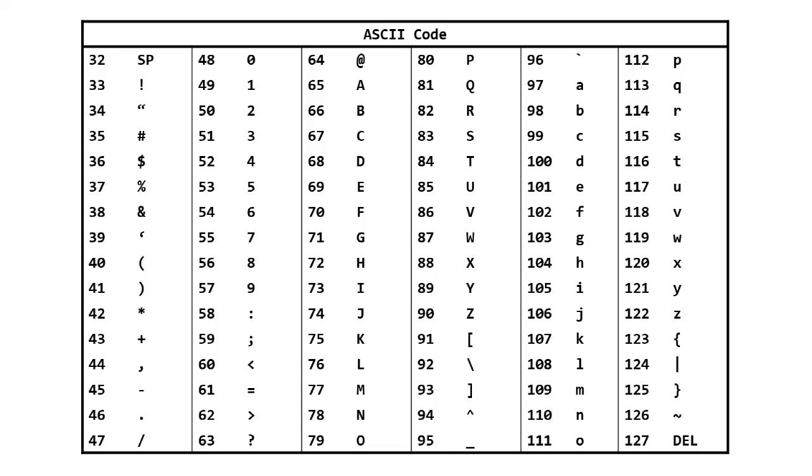The ones we're really interested in start with ASCII code number 65, which is an uppercase A, and then the letters of the alphabet run in alphabetical order down to uppercase Z, which is ASCII number 90. A few more punctuation marks, and then it starts over with the lowercase letters, ASCII number 97 for a lowercase a, all the way up to ASCII number 122 for a lowercase z.